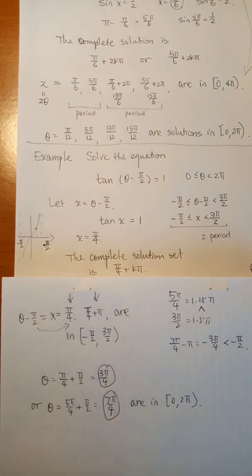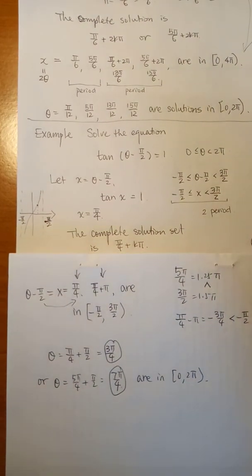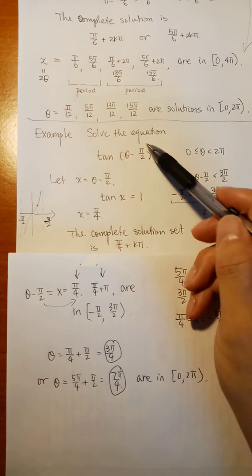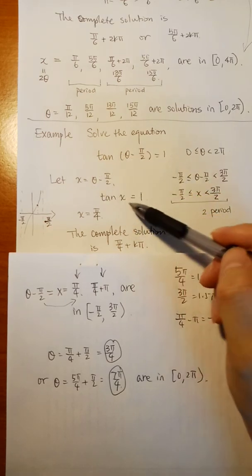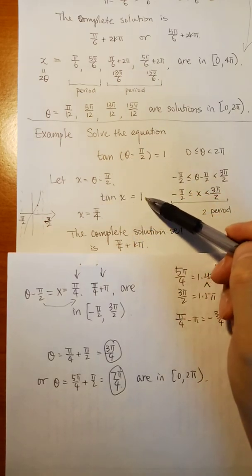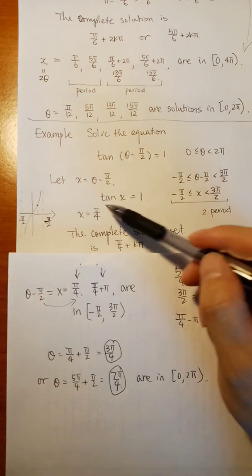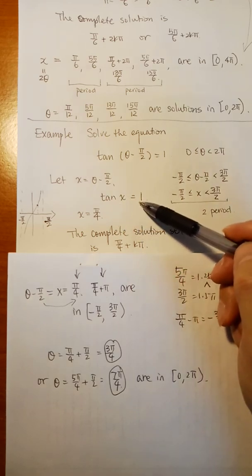Okay, so we have almost fixed steps for the solution of such equations. We first simplify it and just consider the tangent of x is some number, sine of x is some number, cosine of x is some number.